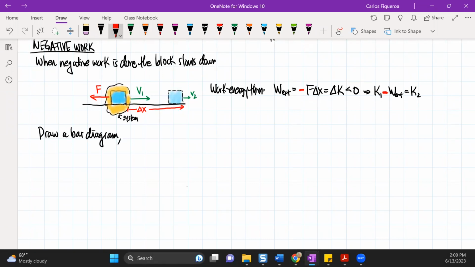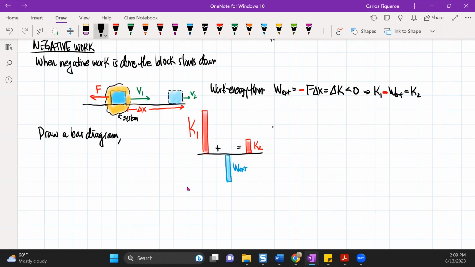What I'm seeing here is that the block comes in and has a high kinetic energy. We know that the block has slowed down because that's how we defined this example. The only reason this block slowed down is that work was done to transfer energy out of the system.